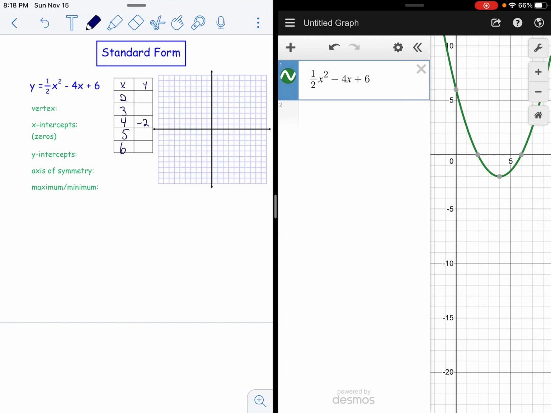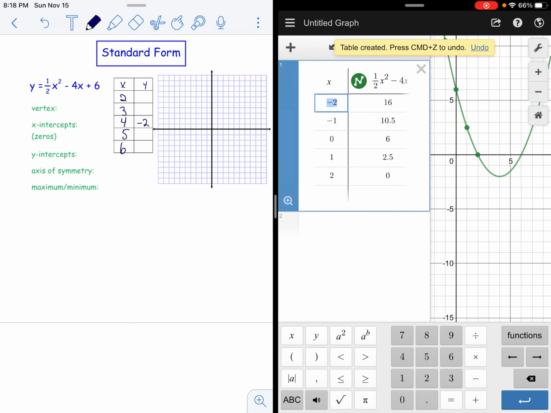So here's how we can get a table on Desmos, which will help us figure out the table. If you look up above the equation, there's a plus sign, an undo, a redo, a gear, and then 2 arrows. We're going to click on that gear, and we get some stuff that pops up. Well, there's a table here, if you see that table kind of right in the middle, and that's going to give us our values on our table.